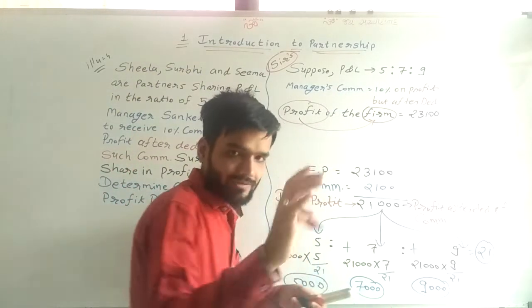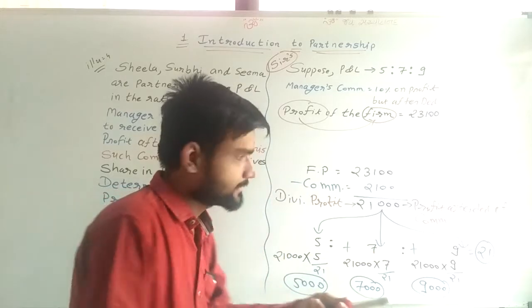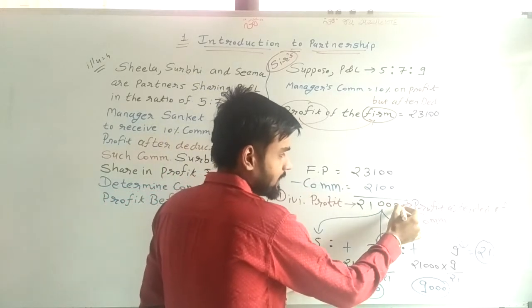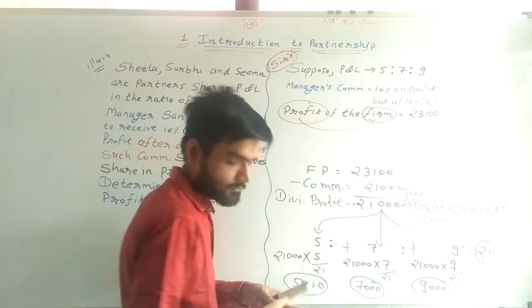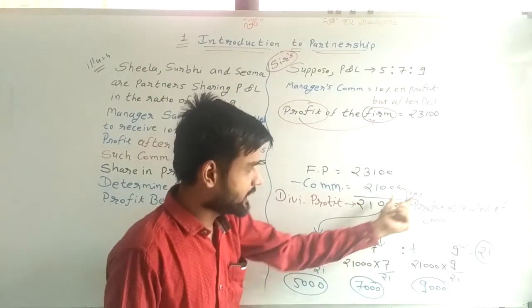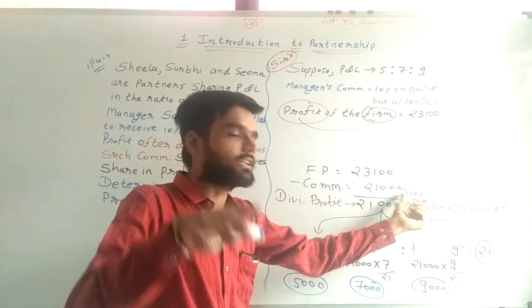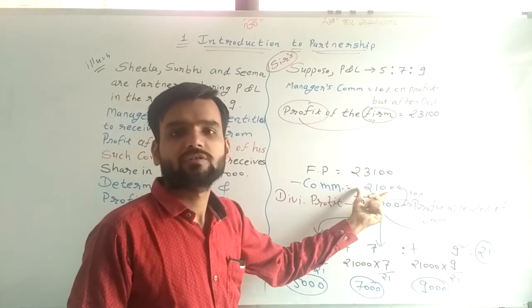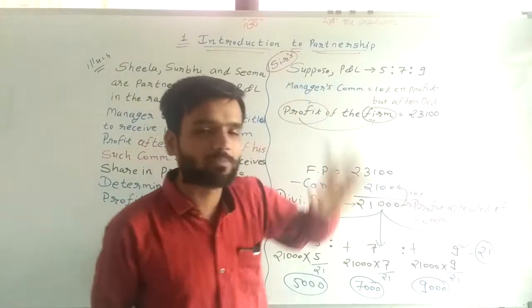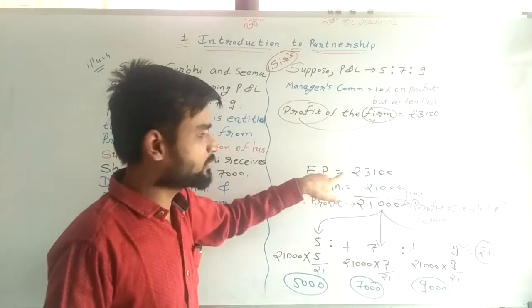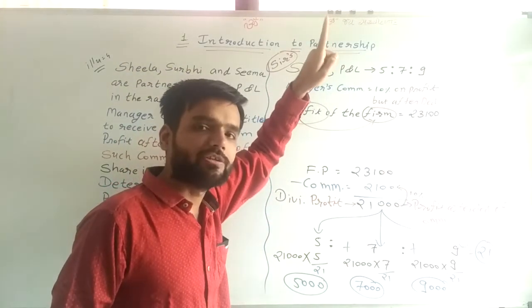Write 21,000 in the calculator. 21,000 into 10 percentage, you will get the commission. Because of divisible profit, we can directly take 10%. But if the firm's profit is given, then calculation is needed.